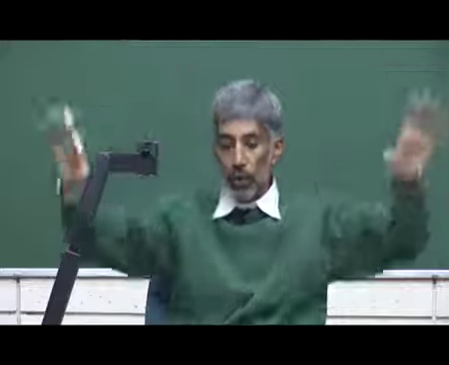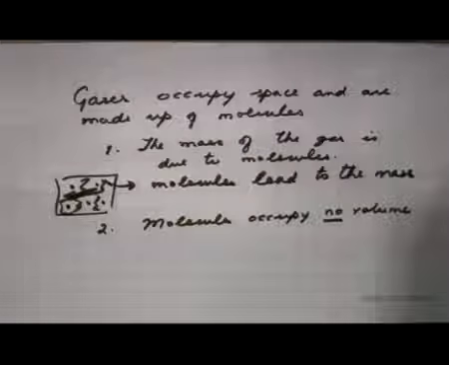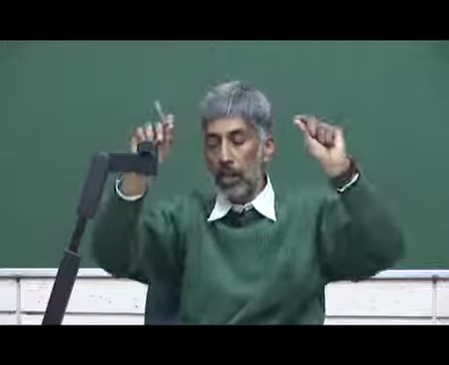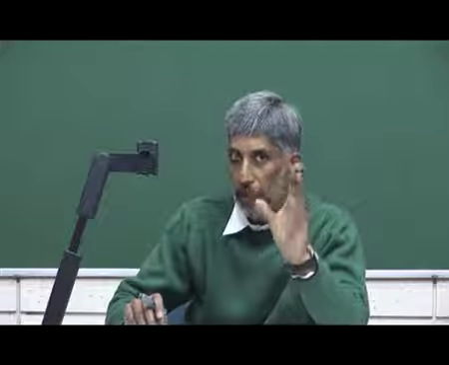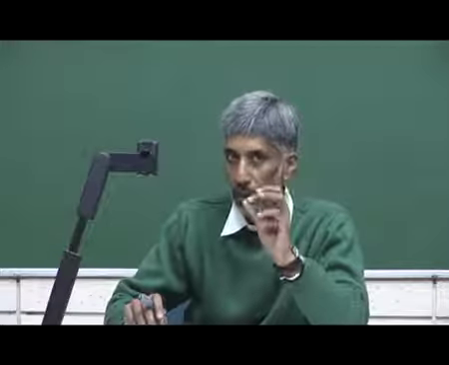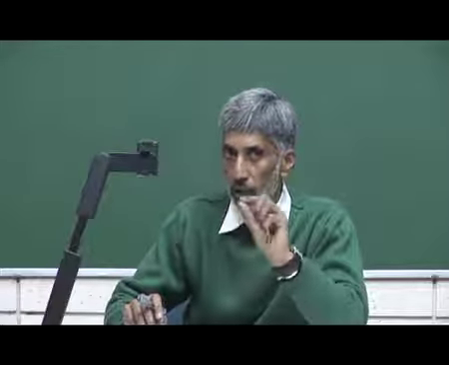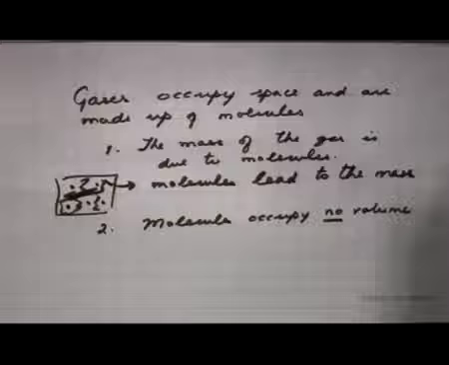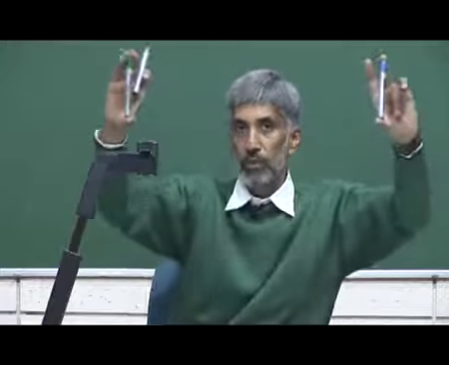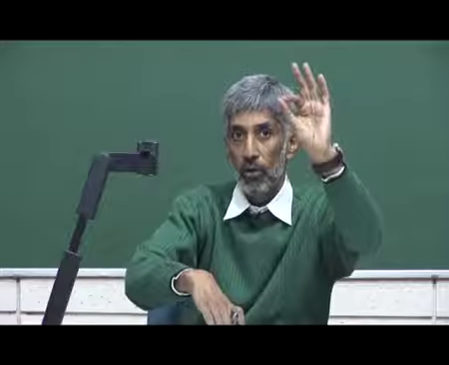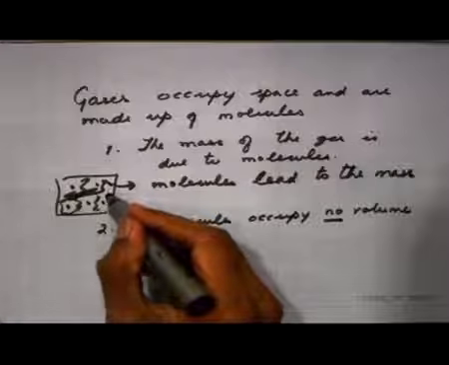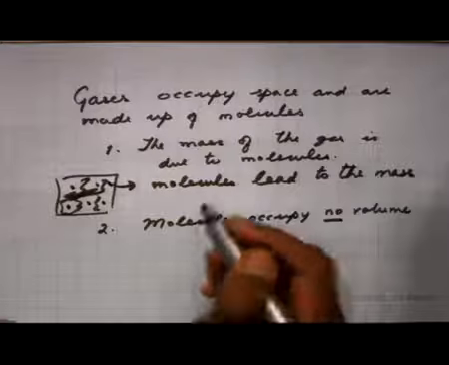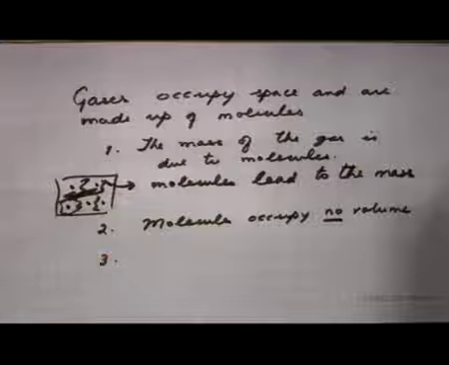What we are saying is, if you have a container which contains a gas, the molecules in that contribute to the mass, and that is where all the mass comes from. And we are also saying that these molecules occupy no volume. It does look counterintuitive. We have lots of these particles. These particles occupy zero volume, but contribute all the mass, and the space is all the volume and has no mass.